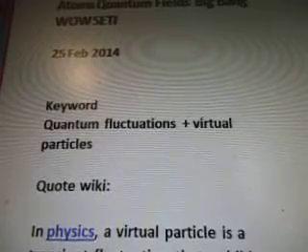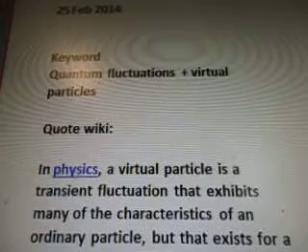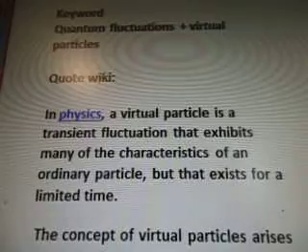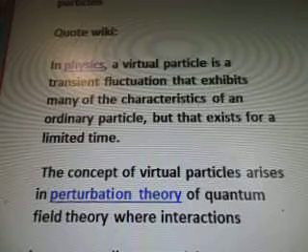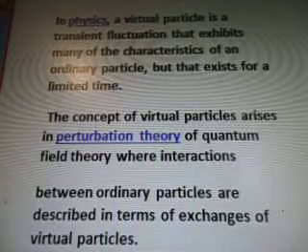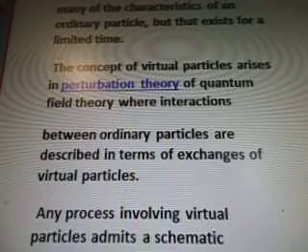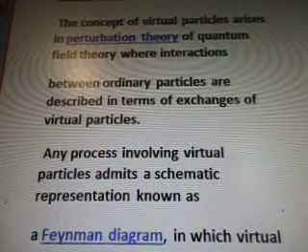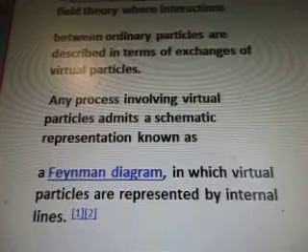Okay, February 25th, 2014. The keyword, quantum fluctuations, virtual particles. Quote from wiki: In physics, a virtual particle is a transient fluctuation that exhibits many of the characteristics of an ordinary particle, but that exists for a limited time. The concept of virtual particles arises in perturbation theory of quantum field theory, where interactions between ordinary particles are described in terms of exchanges of virtual particles.